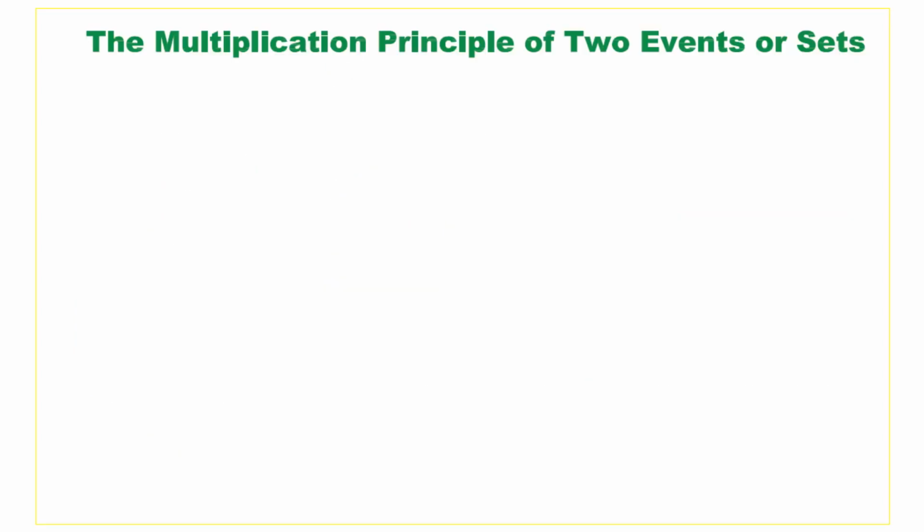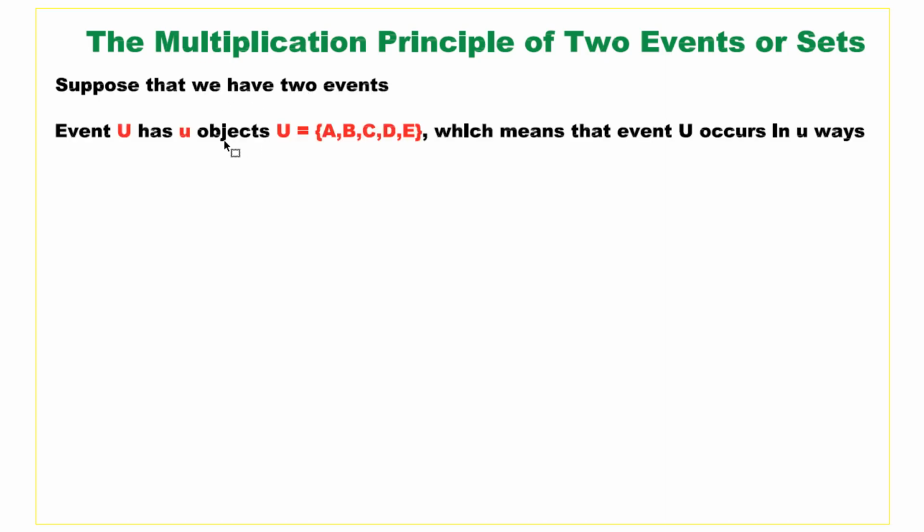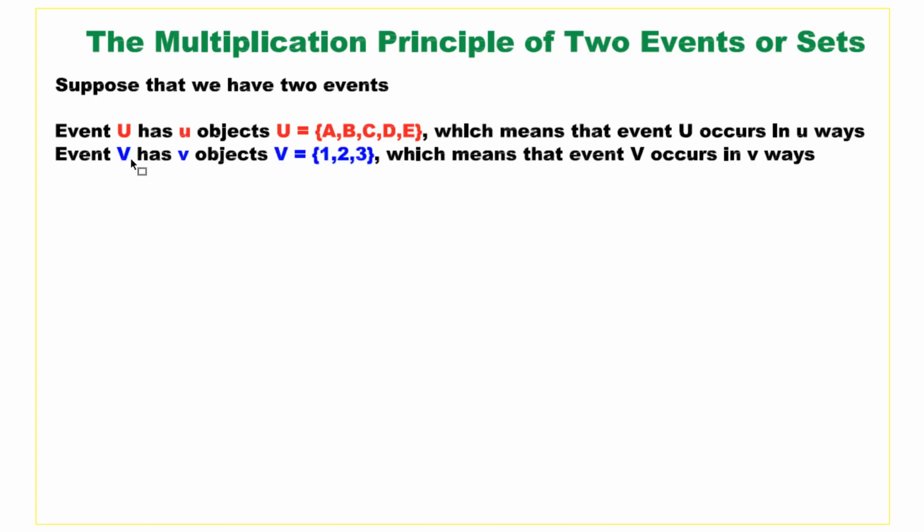Now we state the multiplication principle of two events or sets for all the previous cases. So we have two events. The first one is U and has U ways of occurrences, and the second one is V and can happen in V ways.